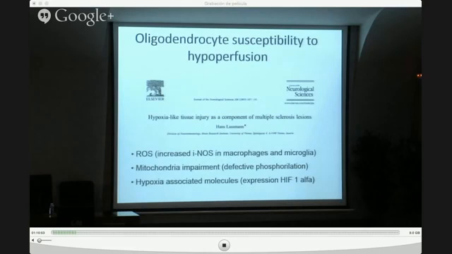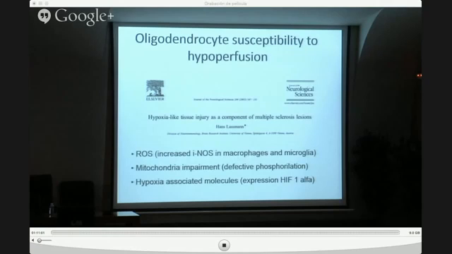So the probability to remyelinate, to repair the lesion in MS, is impaired in hypoperfusion conditions because the oligodendrocytes synthesize less myelin.